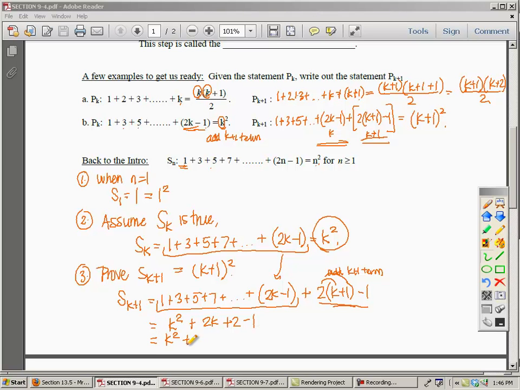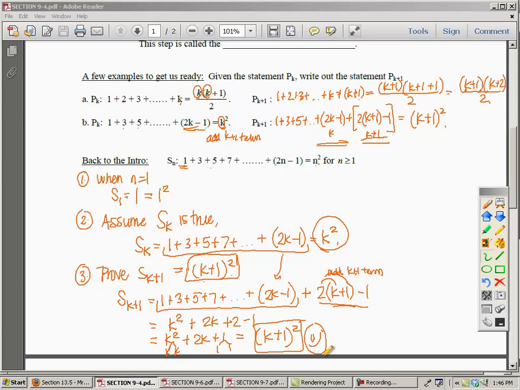K squared plus 2K plus 1. Well, what was my goal? My goal was to get K plus 1 squared. If I look at this, I can factor this to be 1 and 1, K and K, and I end up getting K plus 1 quantity squared. And because I've shown that, we're done. You know me, smiley face at the end if we're done. Okay?